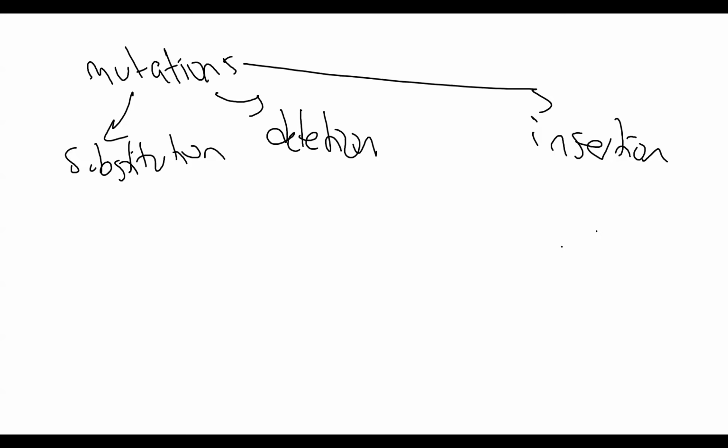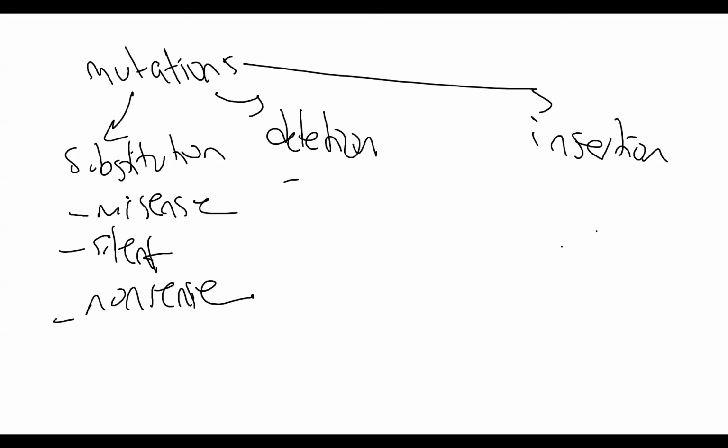The kinds of substitution are missense, silent mutation or silent substitution, and nonsense mutation. The deletion is always a frame shift mutation, and the insertion is always a frame shift mutation.